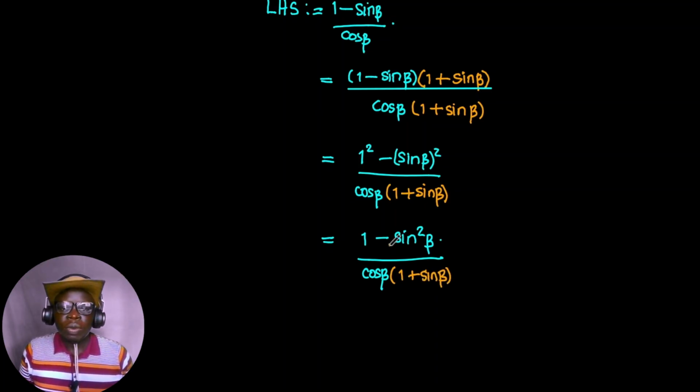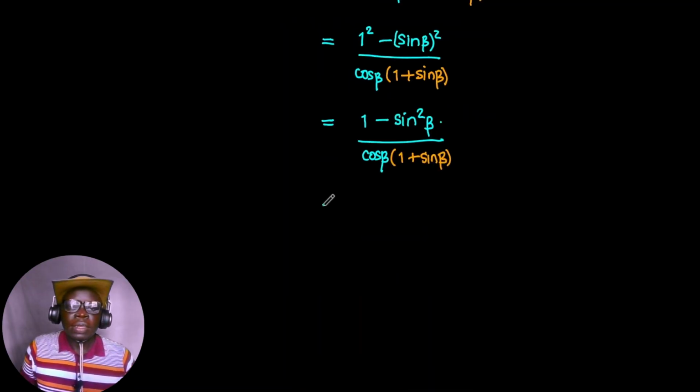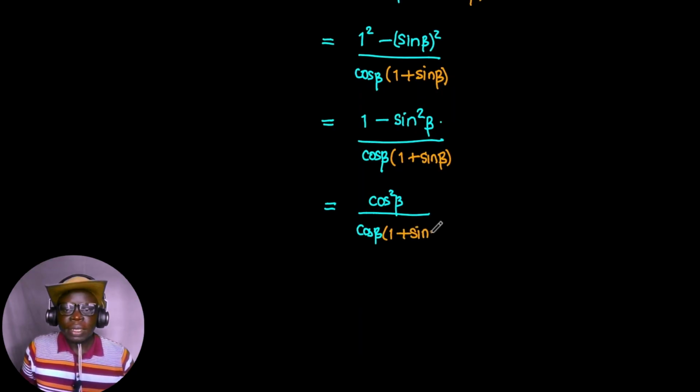Therefore, when you look at this expression again from our first identity, we have just derived up there, this is the same as cos squared beta. So replacing the numerator with cos squared beta, we get cos squared beta all over cos beta times 1 plus sine beta.